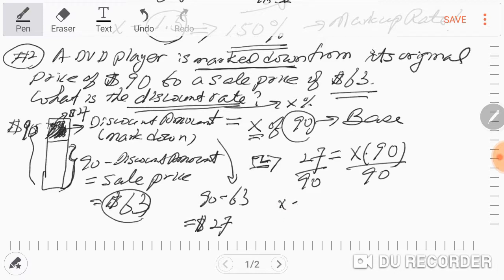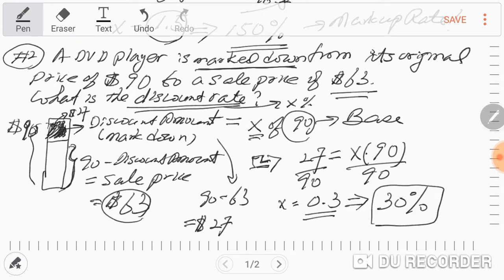Then X is equal to, use a calculator, 0.3. X is the discount rate. So convert this decimal into a percentage, then it will be 30%. So 30% is the discount rate.